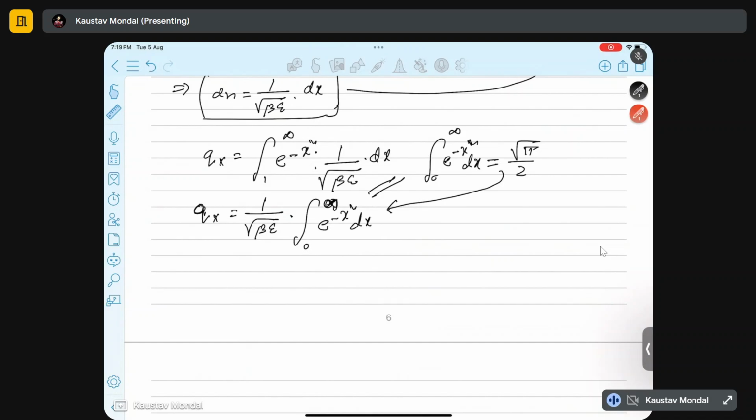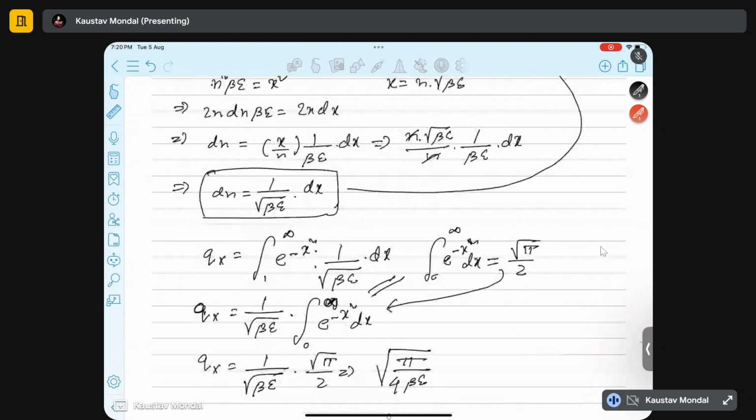So what does this give us? If you substitute it here, qx gives us 1 by root under beta e into root pi by 2. So if you keep 2 inside the root, it gives you 4 beta e. Okay.